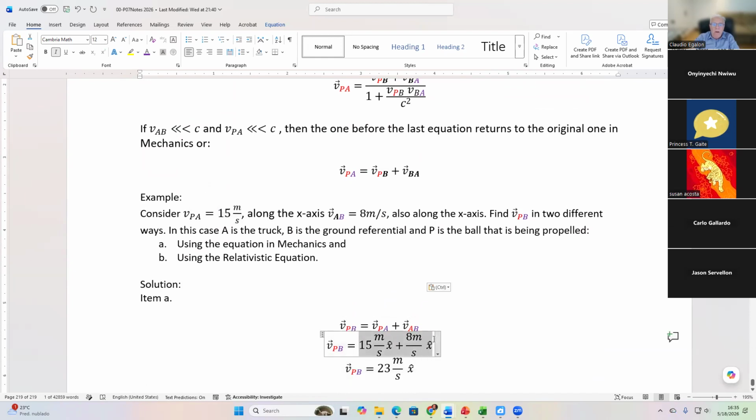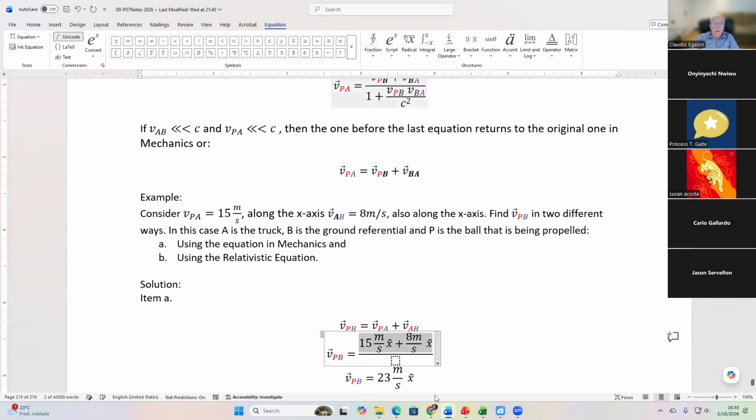Yeah, we still have downstairs a 1 minus VPA, VAB divided by C squared, like that.